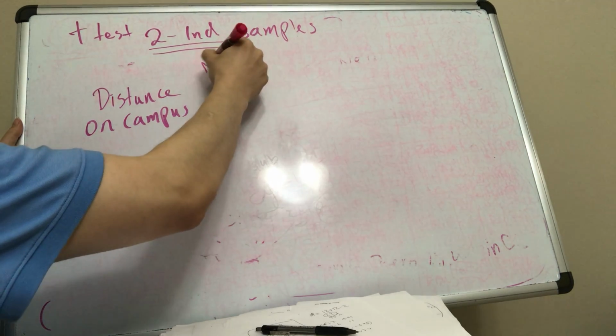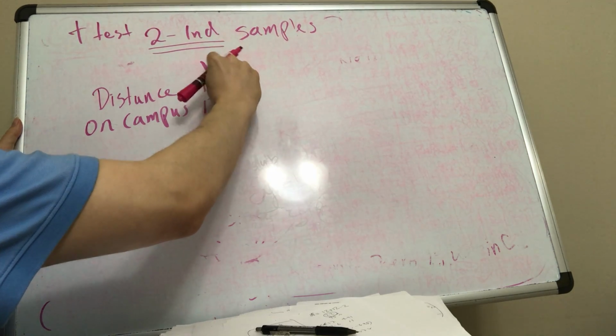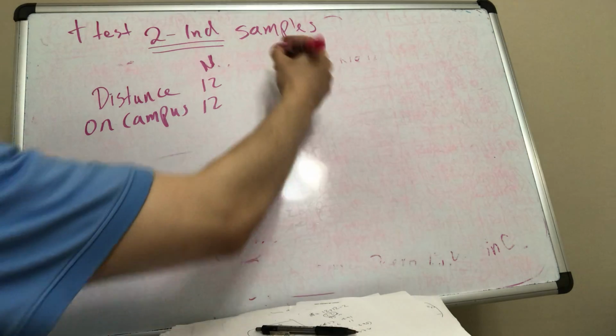In Minitab, they told you they have 12 students here. This is your sample size N. 12 students taking the course by distance and 12 taking it on campus.